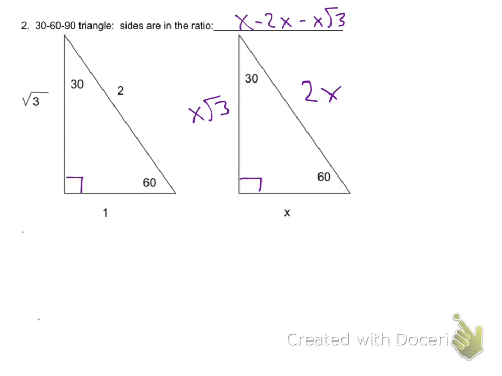What if I told you that the hypotenuse here was 10? What's x? 5. So the bottom one has to be 5. What would be the left side?